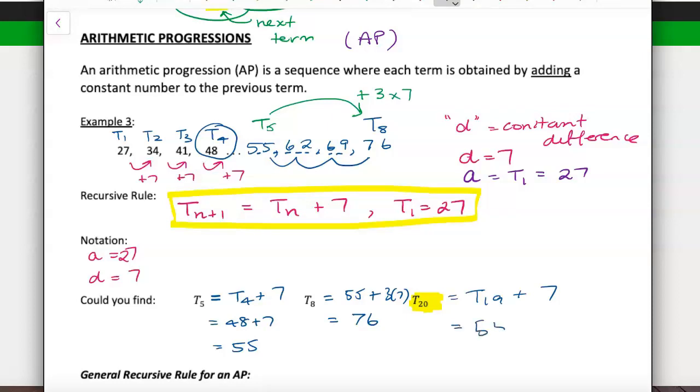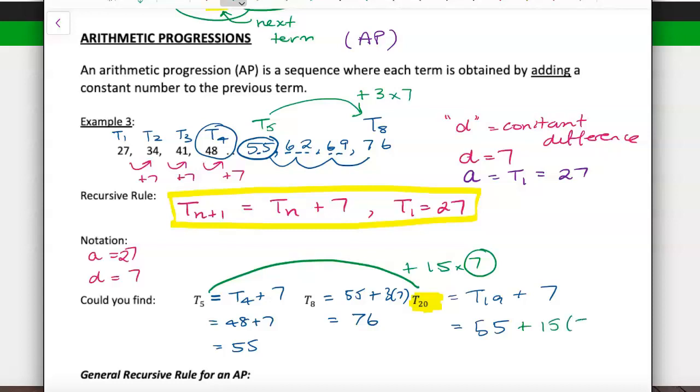Perhaps we could go from term 5 again at 55 and add on 15 lots of that positive 7. That's our difference. If we do that and add on 15 lots of that difference, we arrive at 162, which is term 20. But that's really stretching our ideas because we don't have a general rule at this point.